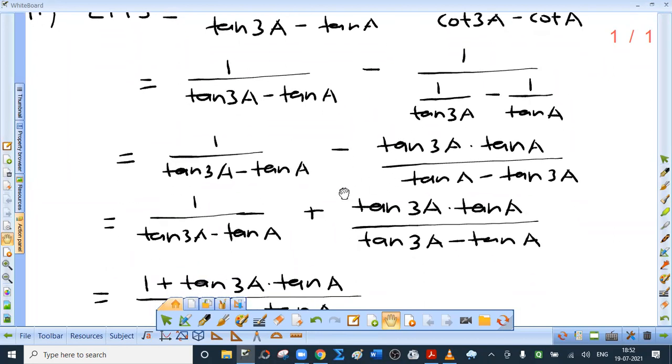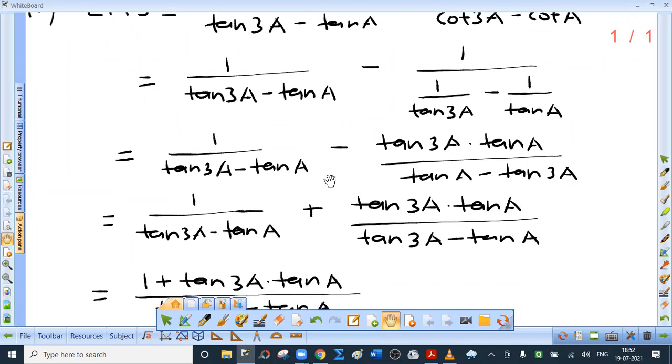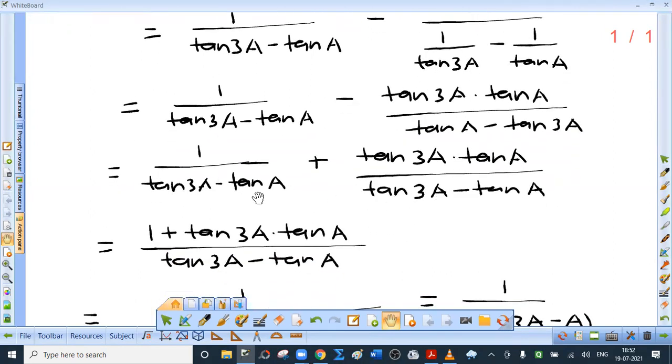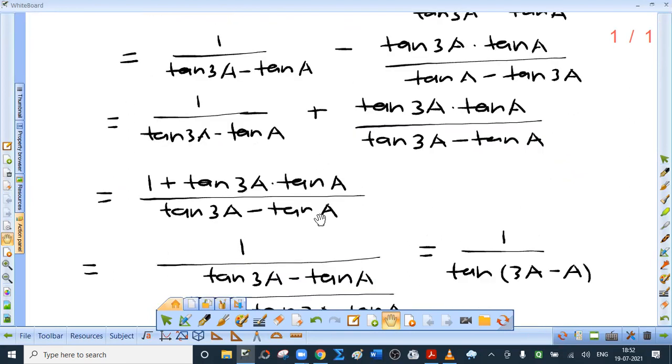Now, will you say that the LCM is the product of the denominators? No. Note that it is tan 3A minus tan A, and it is tan A minus tan 3A. So, take the minus sign common from the denominator of the second. Now, minus minus plus. That is why 1 upon (tan 3A minus tan A) plus tan 3A tan A upon (tan 3A minus tan A). This is the common denominator, so just add numerators.